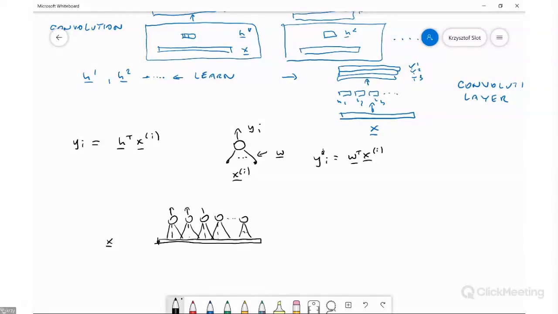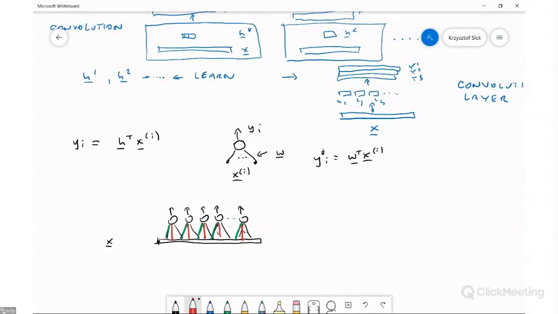And the result of this convolution are just outputs of my neurons. And what is important is that each neuron here has the same set of weights. So all weights, unlike in a structure that we were talking about previously, this time every neuron will have the same set of weights. So we can visualize it this way.